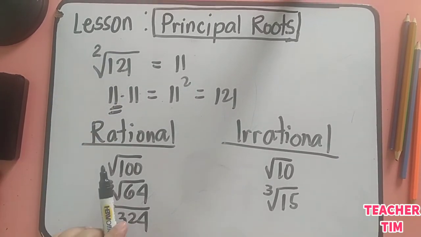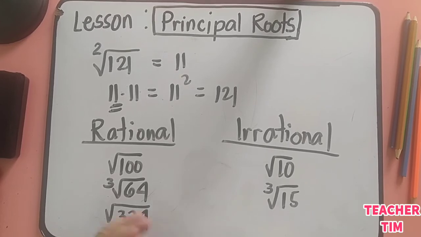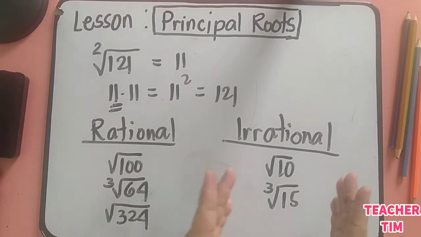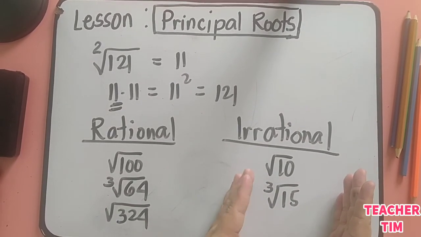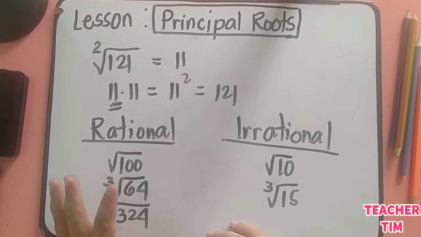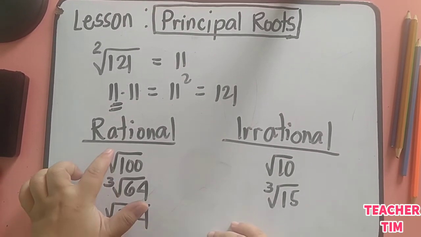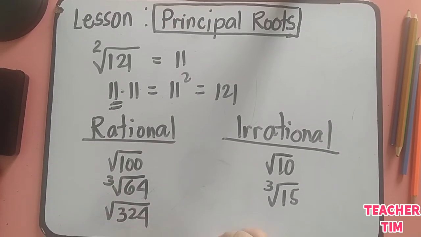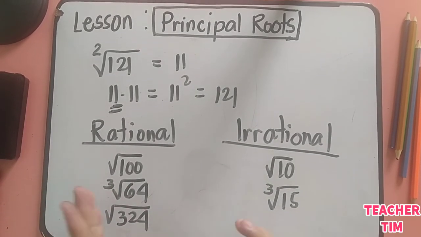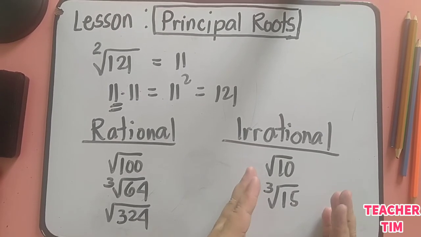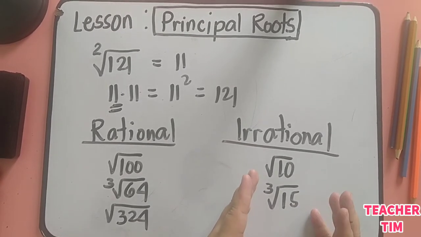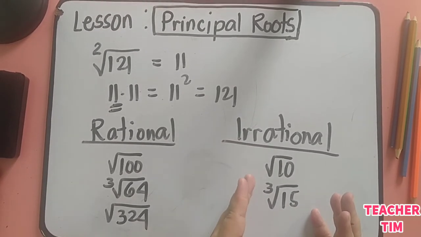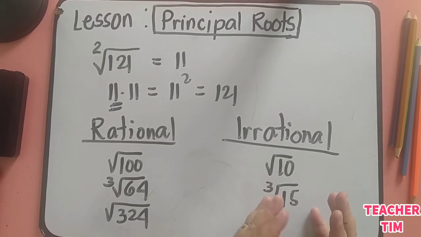And to identify again whether it's rational or irrational is by identifying whether the given is a perfect square, perfect cube, perfect fourth root, etc. If it's not, we consider the radical number in the irrational category.